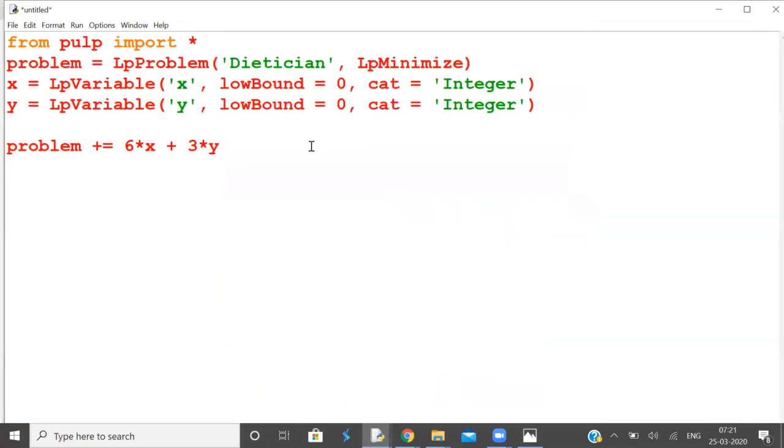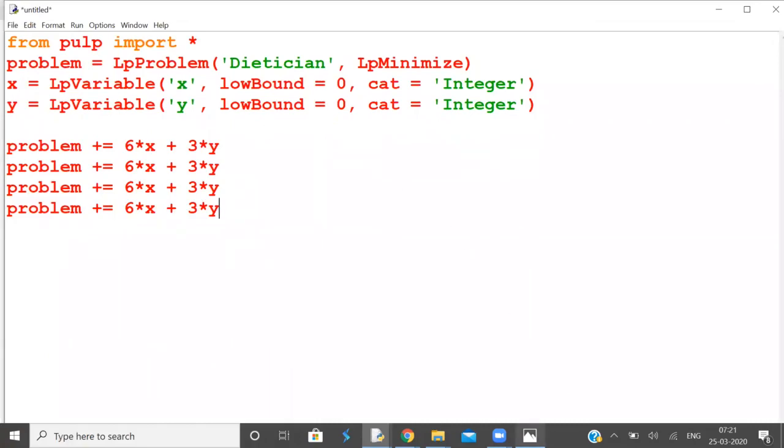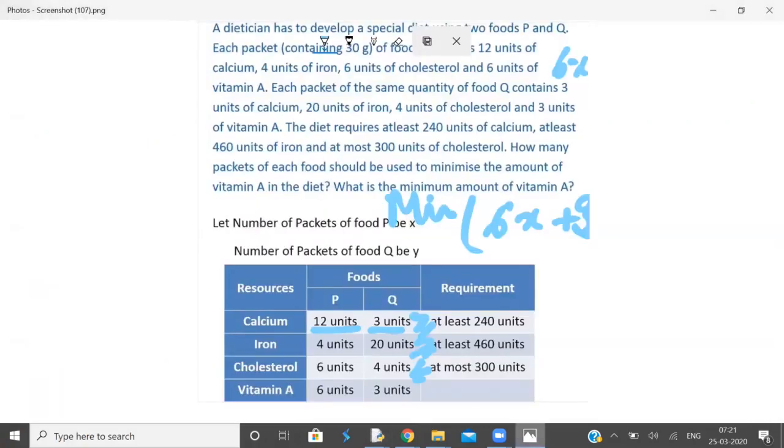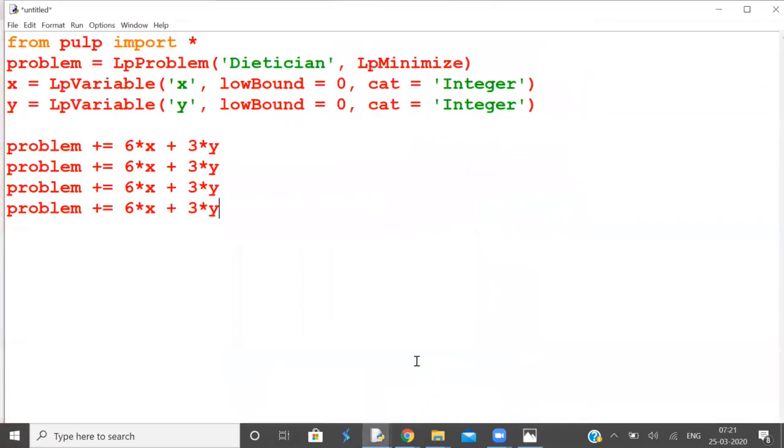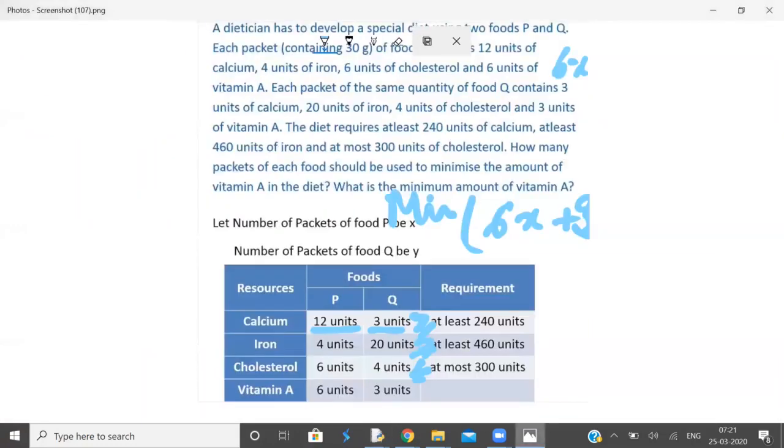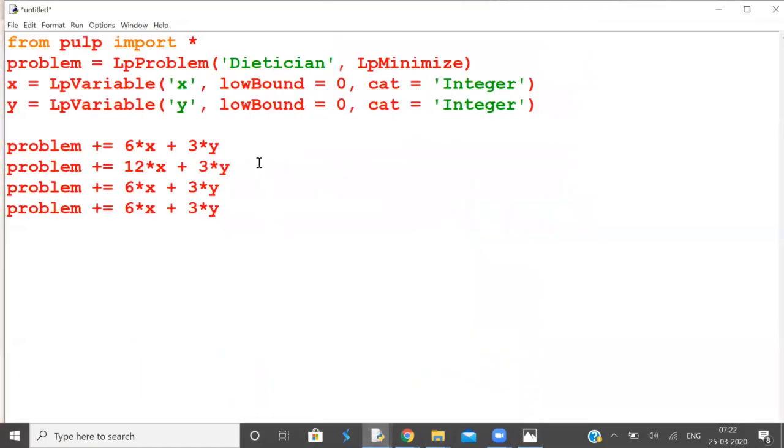Next, there are 3 constraints. The first constraint is for calcium. 12X plus 3Y should be greater than or equal to 240.